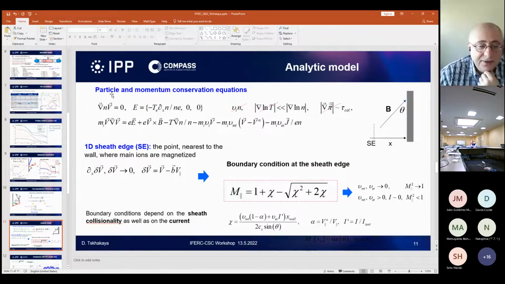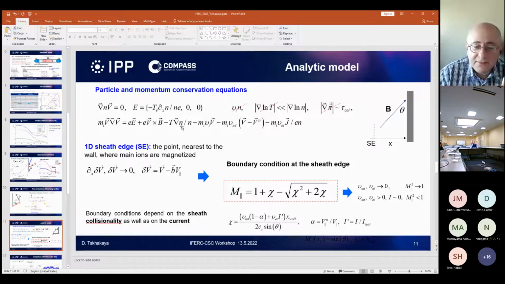We realized that if we start from particle and momentum conservation equations and neglect small terms like the temperature gradient versus the electron gradient, neglect ionization because plasma usually is very cold in this area, and neglect viscosity, we get these equations. We consider a one-dimensional electric field, just the normal-to-the-wall component. And as we know, we cannot require the sheath entrance to be fixed as the point where Mach number equals 1.